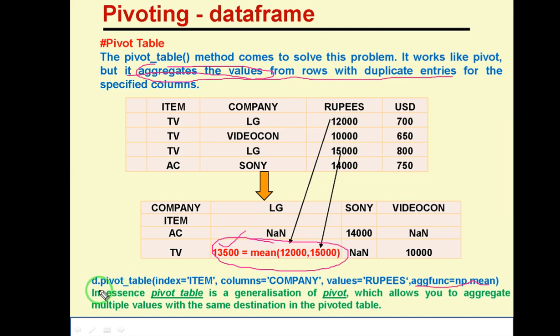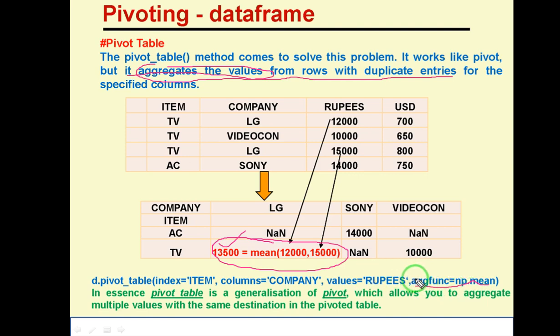So to create the pivot, instead of pivot you have to write d.pivot_table, since we are going to use the pivot table function. Index is the same, it will remain item, columns company, so unique values of company will become the columns, values equal to rupees, so rupees values will be displayed in the new columns. But at a particular cell where multiple values are coming, it will aggregate the values using an aggregate function, and the default aggregate function is np.mean, that is it will take the mean value.